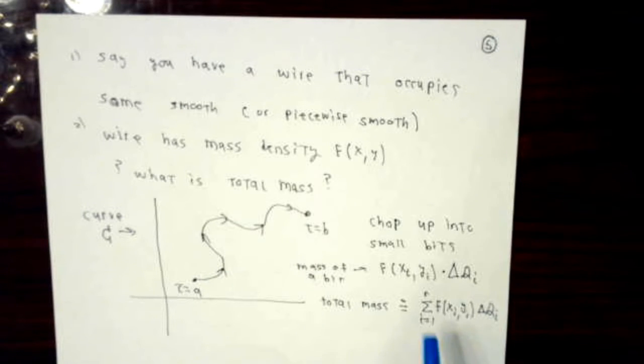The mass of one of the bits is going to be the mass density evaluated somewhere within that bit times the length of that bit. I'm using lowercase script s for arc length, not to be confused with capital S, which is surface area.